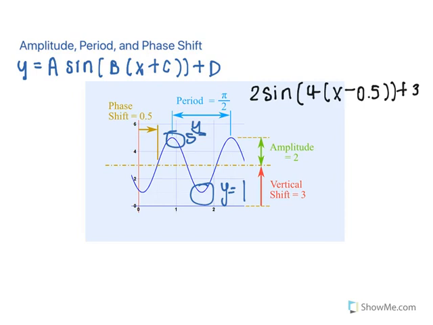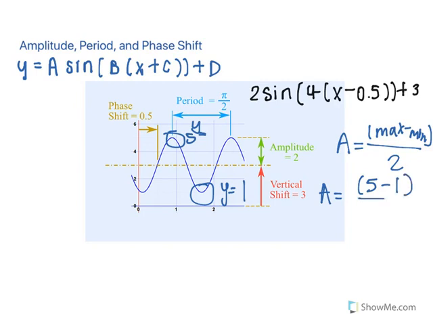Therefore, our amplitude would be maximum minus minimum over 2, equaling 5, our maximum, minus 1, our minimum, over 2, which would be 4 over 2, so our amplitude equals 2.